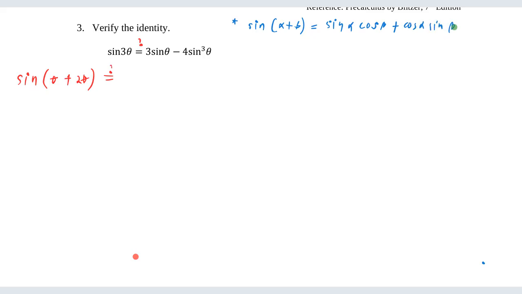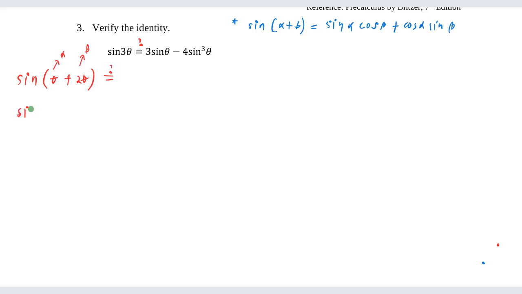I will be using this concept to rewrite sine of theta plus 2 theta. I'm going to treat theta as angle alpha, and 2 theta will be my angle beta from this identity.